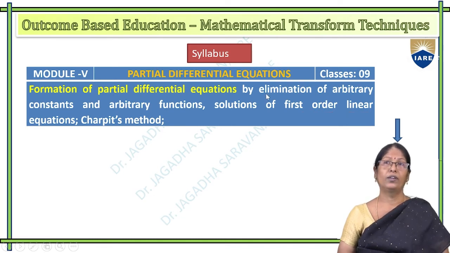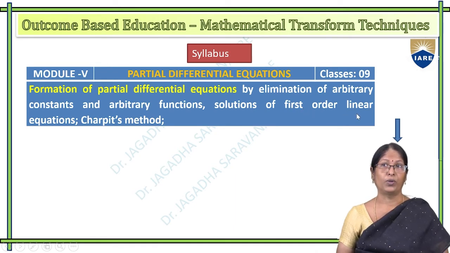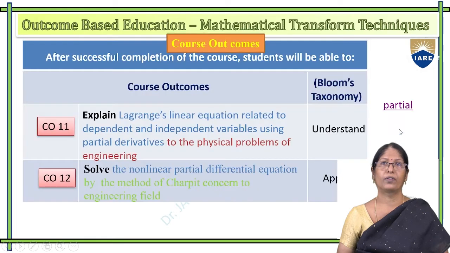So now here, how to frame the partial differential equation, that is, eliminating arbitrary constants and functions. The syllabus given here is the first order linear equation. So here linear equation, Lagrange's linear equation, we can see here.